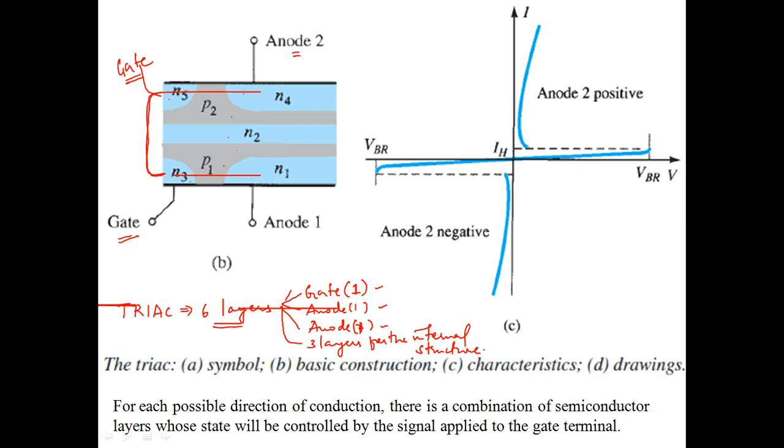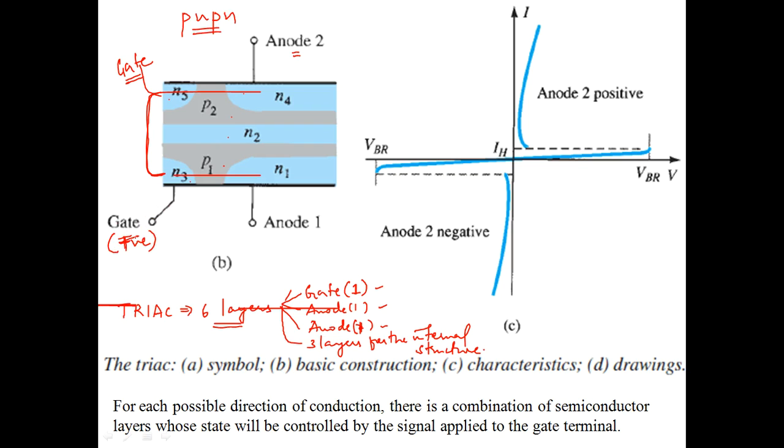Fine. Now in simple words, how does the operation happen? Because finally there should be current flow through PN itself. So now let us assume this gate layer is made positive.